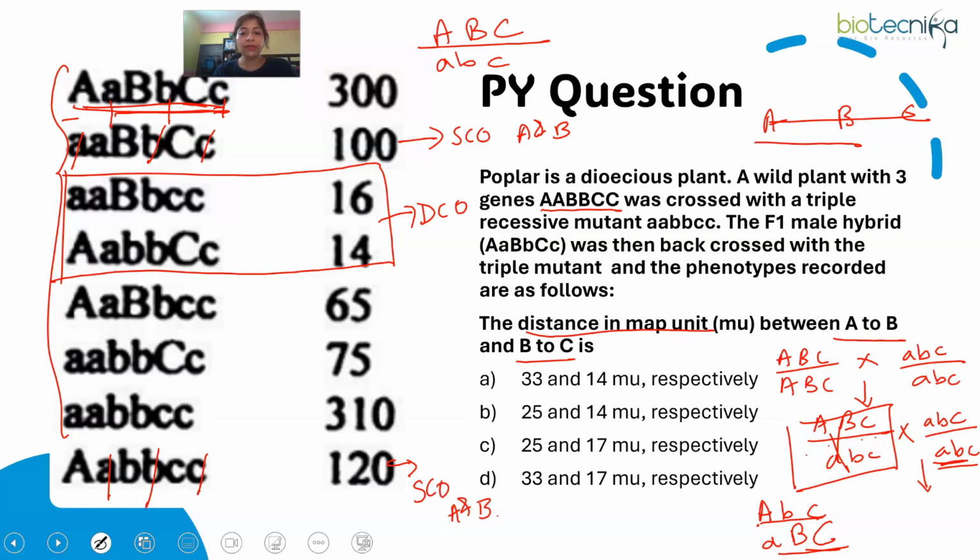Now if we have to calculate the distance between A and B, the formula is very simple. Recombination frequency between A and B is the total recombinants divided by total progeny. The total recombinants will be the SCOs between A and B plus DCO, divided by total progeny. When we add up all the classes given, it comes to 1000.